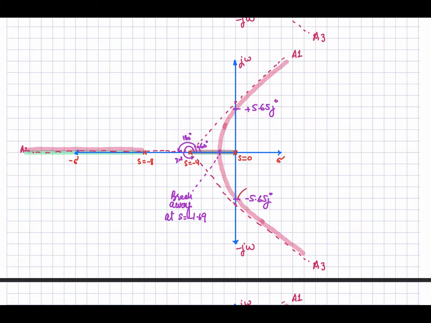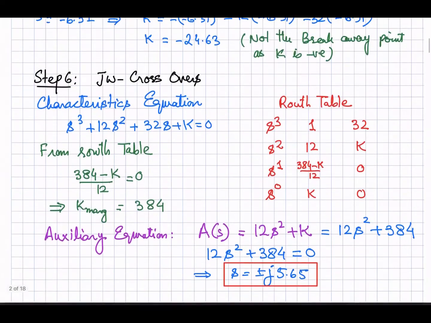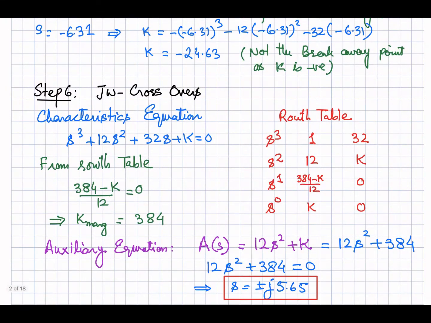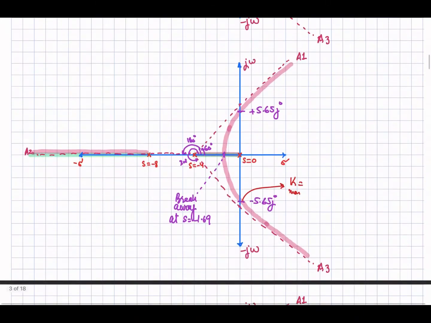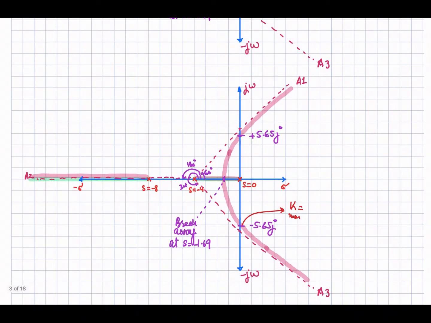And what will be the value of k at this point, when it crosses the j omega axis? That is the marginal value of k. We have calculated that one, and it was equal to 384. Here you can see this is the marginal value of k, right? So when the gain k is equal to 384, your root locus will be crossing the j omega axis.